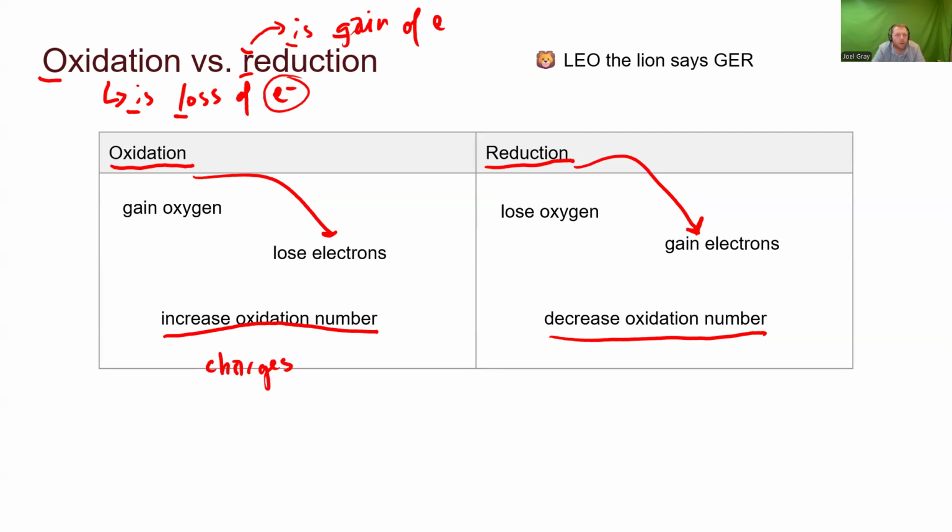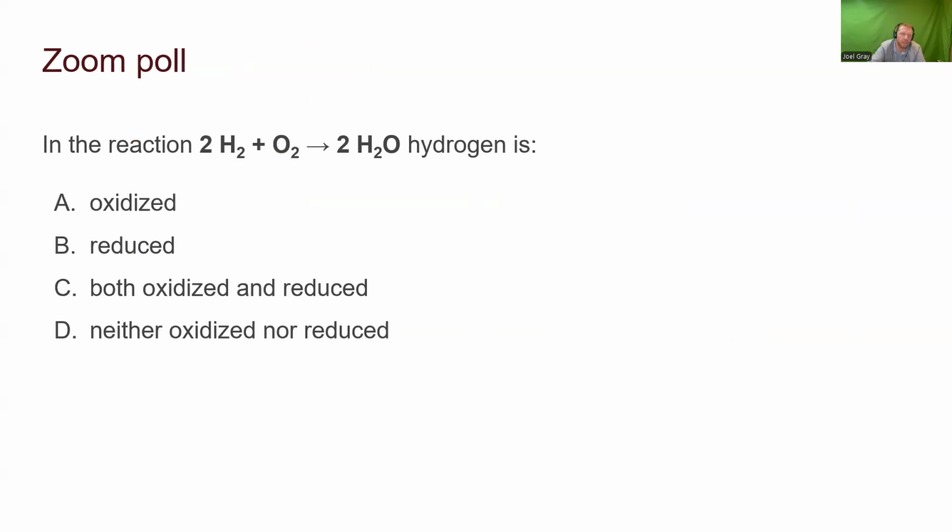Now, what this oxidation actually looks like in a chemical reaction, here what we have is H2 plus O2 yields H2O. Yeah, it is 2H2 plus O2 yields 2H2O. What's important about this is to understand what are the charges.